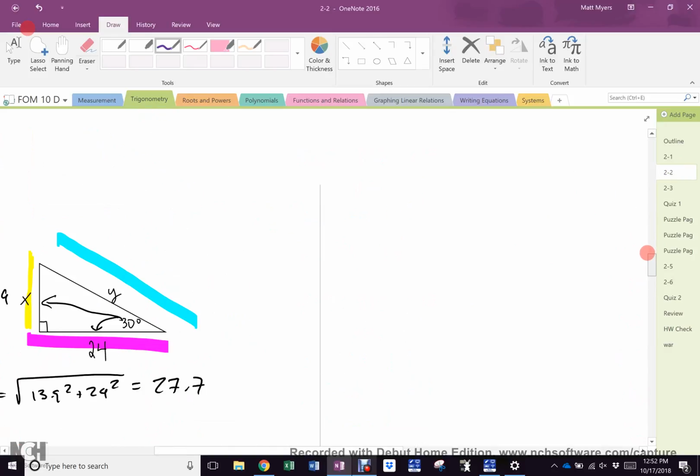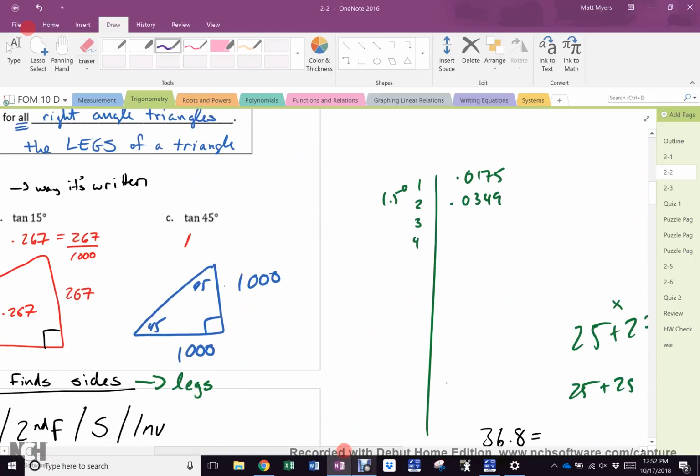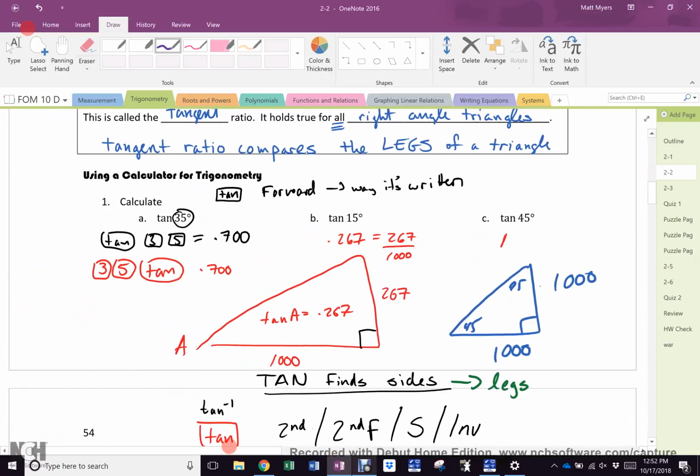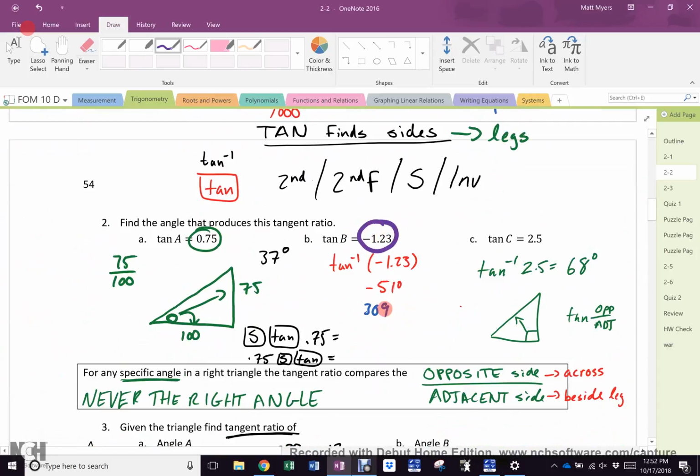I showed you this just a little bit right here where we talked about this negative tan value, 309, remember? I didn't get a negative. Oh yeah, because in 307 it won't be negative. Yeah, that's another part of grade 11 trig.